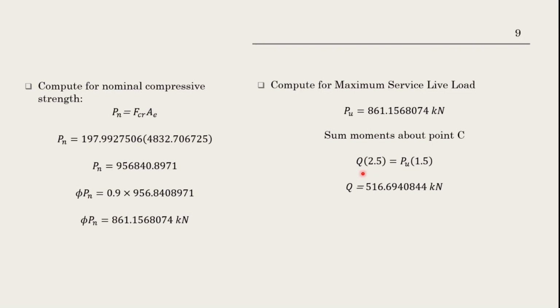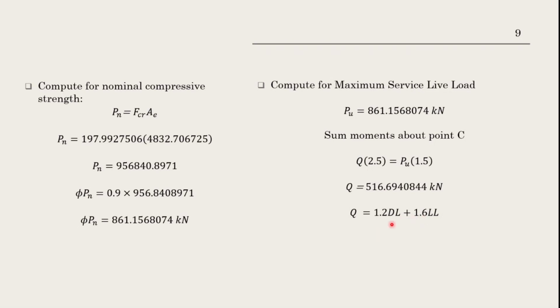and that is 516.6940844 kilonewton. From that, this is now the ultimate load that we can provide for Q. But remember, according to the problem, it already has an existing dead load of 175 kilonewton. So the remaining live load that can be carried by the system, or by the live load Q, we just equate to the demand using the load combinations for LRFD.